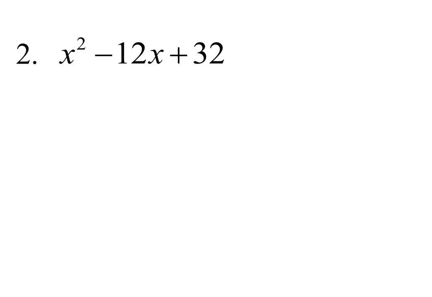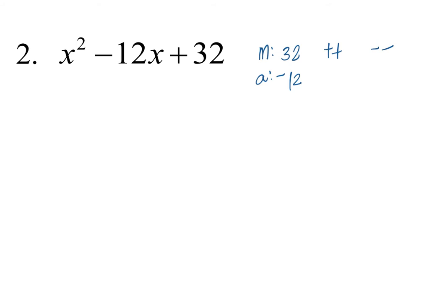We're multiplying to get a positive 32, and we're adding to get a negative 12. Well, if we're multiplying to get a positive, our signs must be the same, as in a positive times a positive gives you a positive, and a negative times a negative gives you a positive, like negative 1 times negative 1 is positive 1. But of the two options I just wrote down, which will it be?